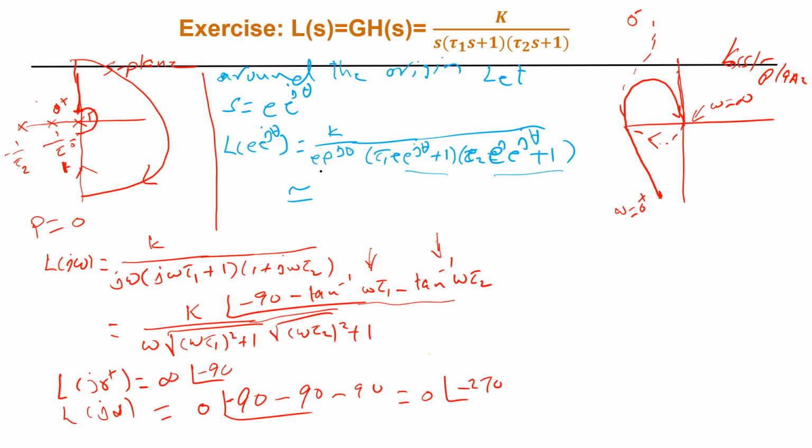So we'll have K over rho, which is basically infinity, with an angle of minus theta.